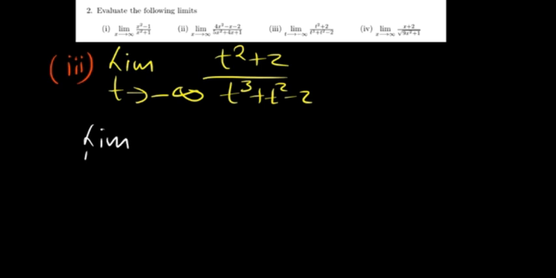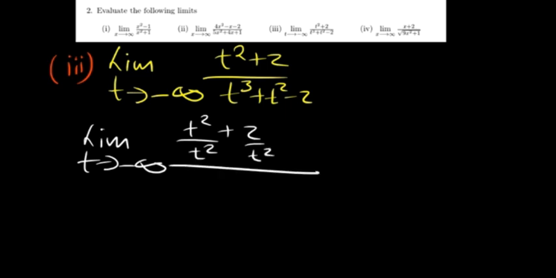The limit as t approaches negative infinity, we'll divide by the highest power on top, which is t squared itself. So it will be t squared plus 2, divided by t squared, and for the bottom we divide by the highest power, which is t to the power 3.